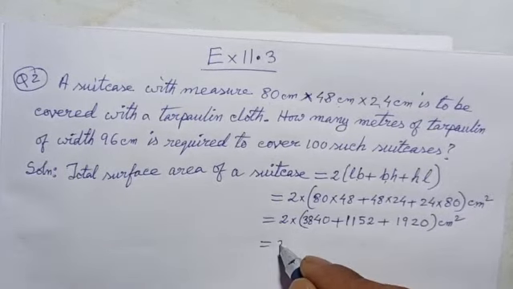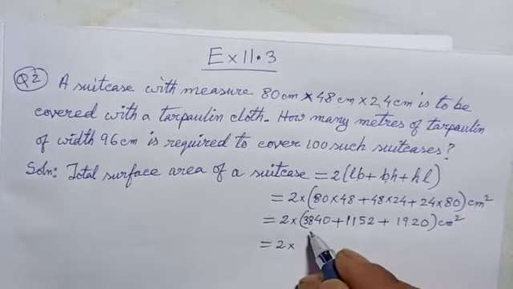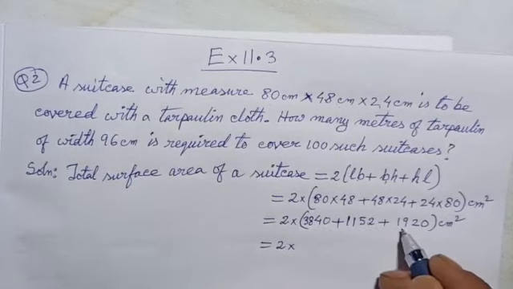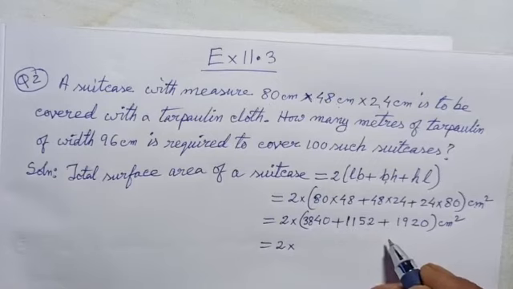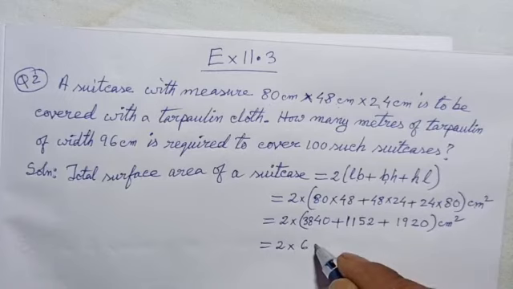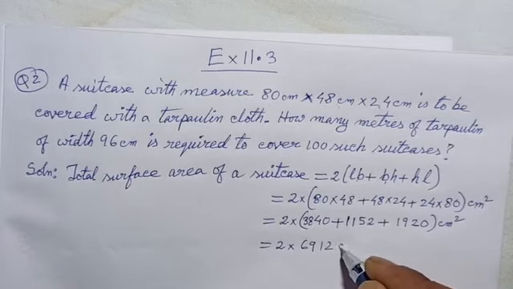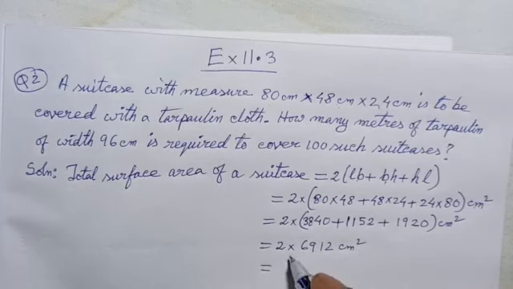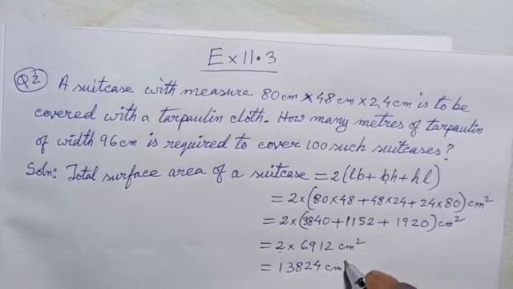Is equal to 2 into, if we add together 3840, 1152 plus 1920, we are getting 6,912 centimeter square. Now let us multiply by 2. We are getting 13824, and unit is centimeter square.